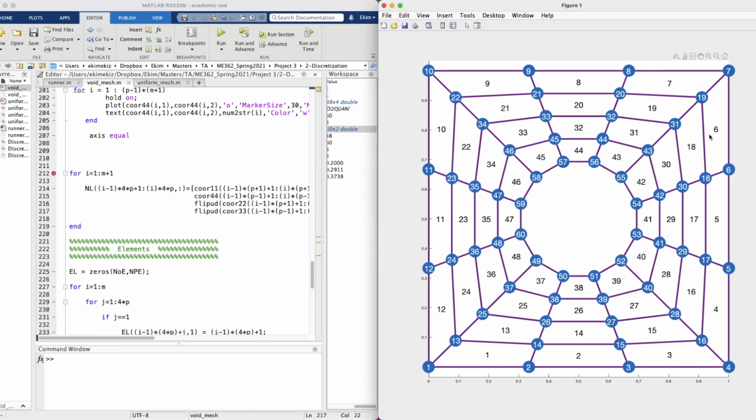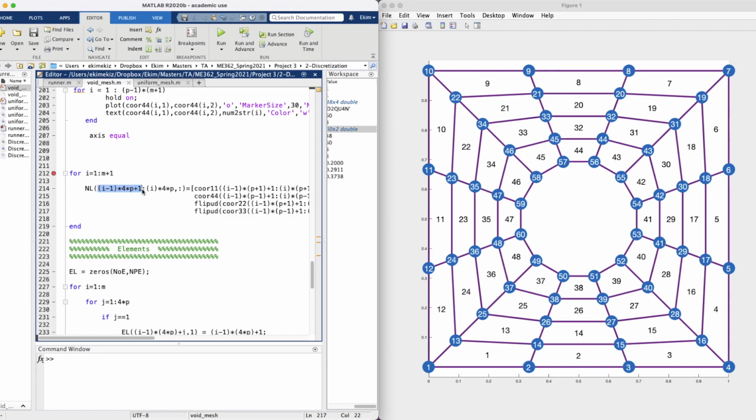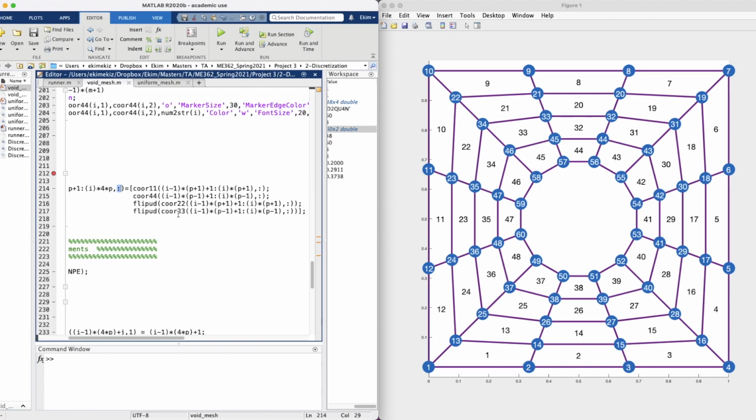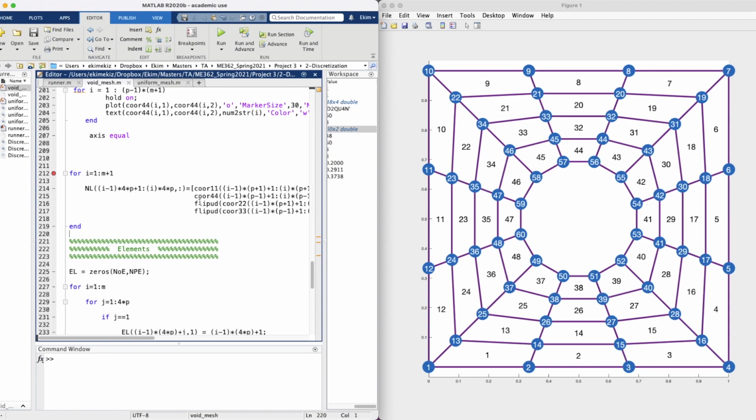So 1 to 12. So nodes from 1 to 12 of the node list and all of its columns should be equal to the nodes of the first row of region 1.